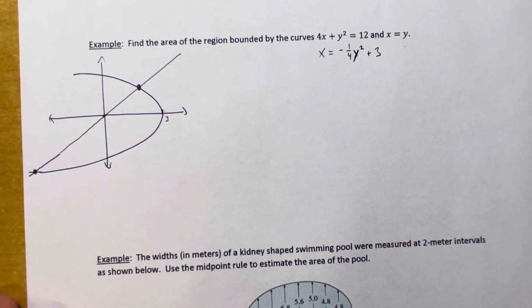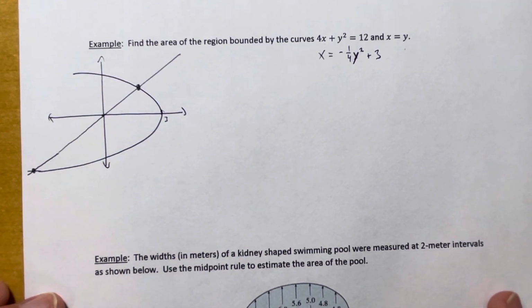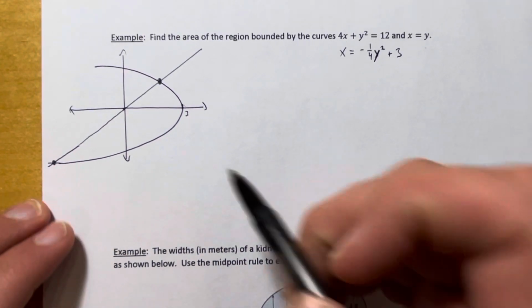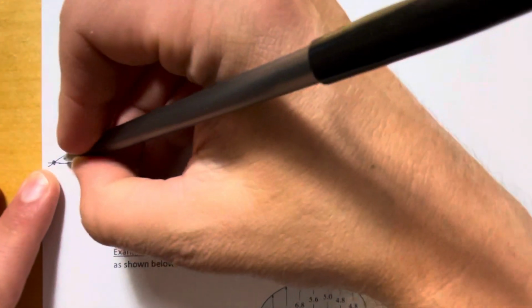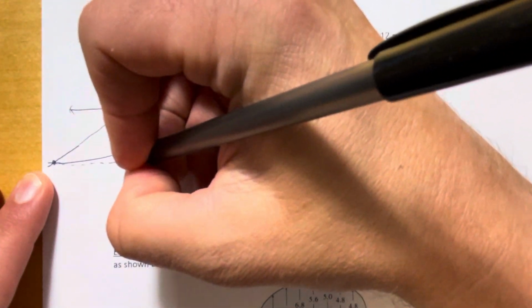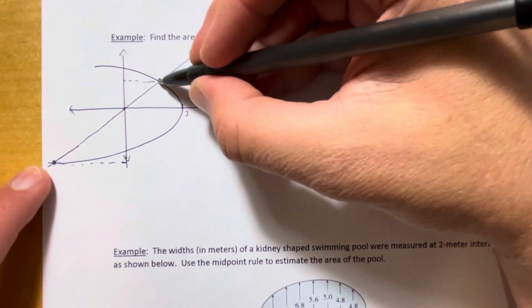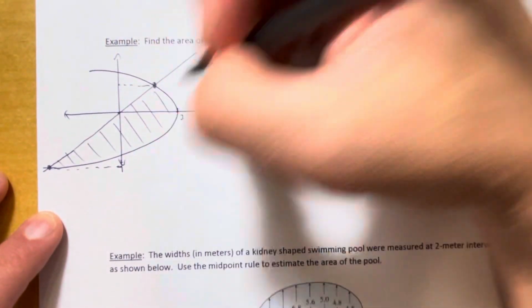Okay? Notice it does not say find the area between these two curves over the interval something something. It's just saying the region bounded by the curves. That means, like that other example we did previously, I need to determine what this interval is right here. So from here to here, I can see is where this region is bounded.